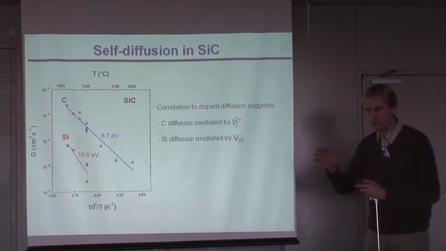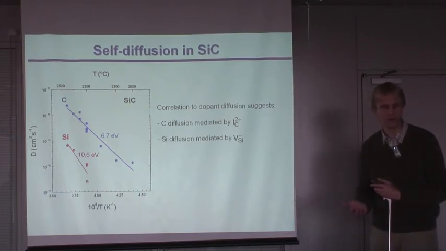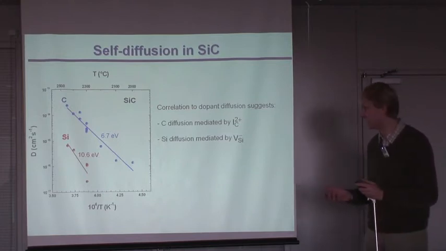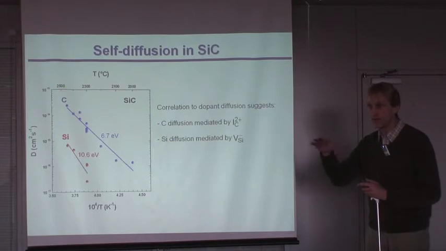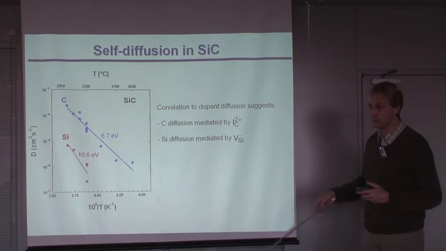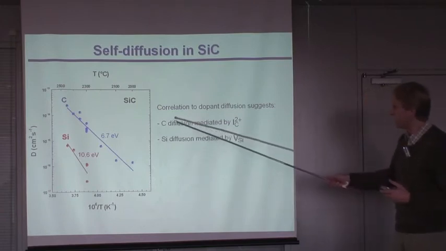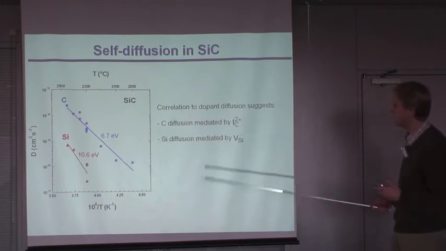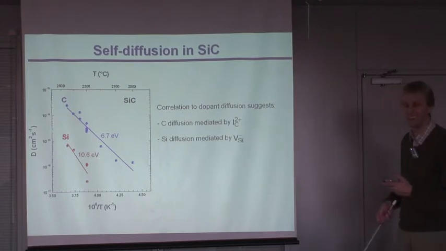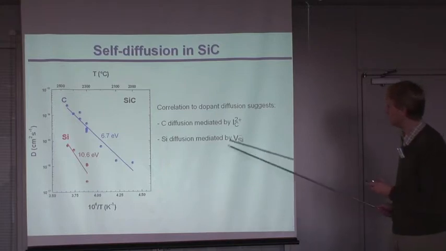I haven't put these details into the talk, but you have to do dopant diffusion experiments, for example, boron we have done, and phosphorus diffusion experiments in silicon carbide, and looking how these dopants diffuse and making a comparison with the self-diffusion, we can say that the carbon diffusion is mediated by doubly positively charged carbon interstitials, and the silicon diffusion is mediated by singly negatively charged silicon vacancies. So vacancies on the silicon sublattice.